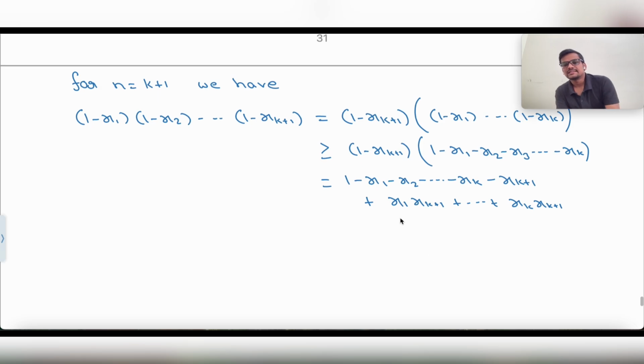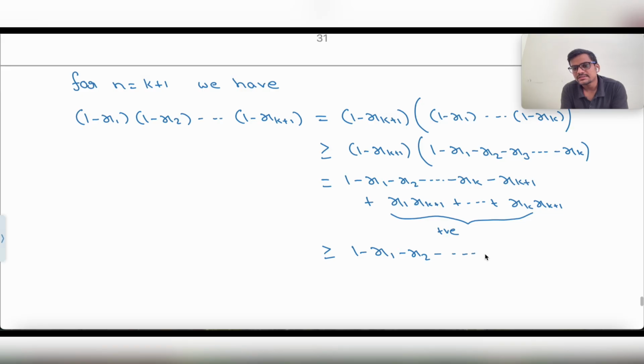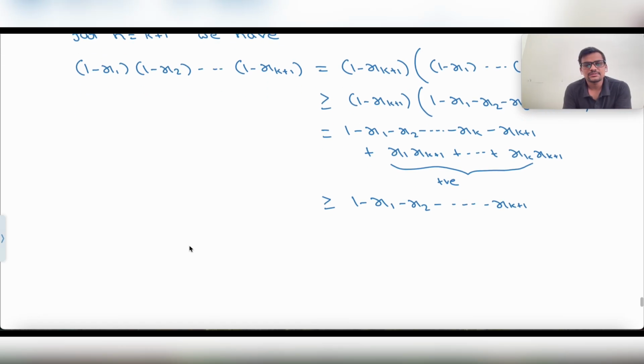Now see, these are nothing but positive terms because these xi's are between 0 and 1, so this product will be positive, and hence this will be greater than or equal to 1 minus x1 minus x2 minus up to minus xk plus 1. So this is true for k plus 1 also.